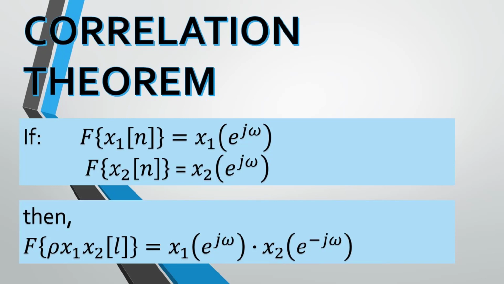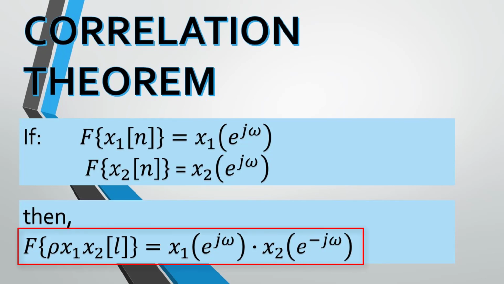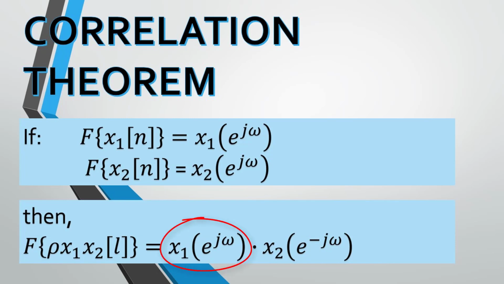If the Fourier transform of x sub 1 of n is equal to X sub 1 of e raised to j omega, and the Fourier transform of x sub 2 of n is equal to X sub 2 of e raised to j omega, then the correlation theorem states that the Fourier transform of the correlation between x sub 1 of n and x sub 2 of n is equal to the product of X sub 1 of e raised to j omega and X sub 2 of e raised to negative j omega. For the signal x sub 1 of n, we consider frequency X sub 1. For the second signal, we have to take the time-reversed version.